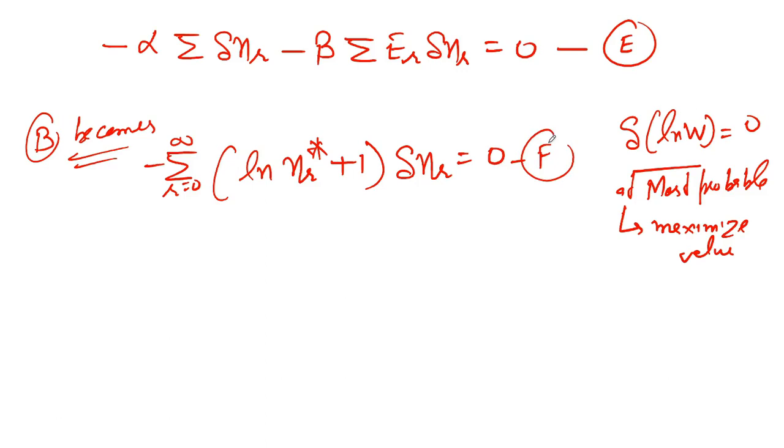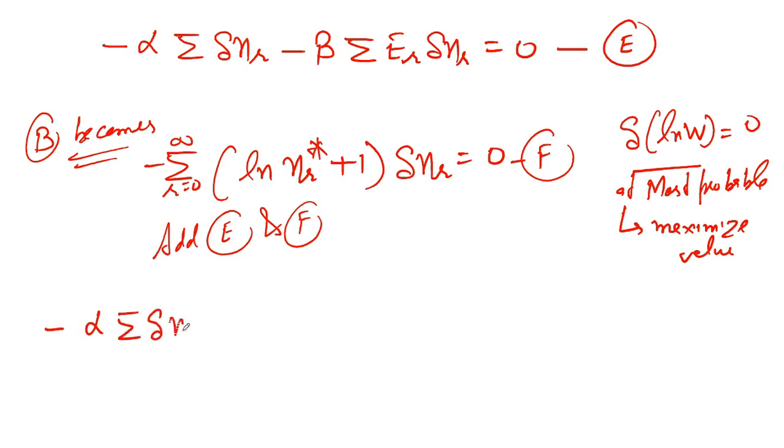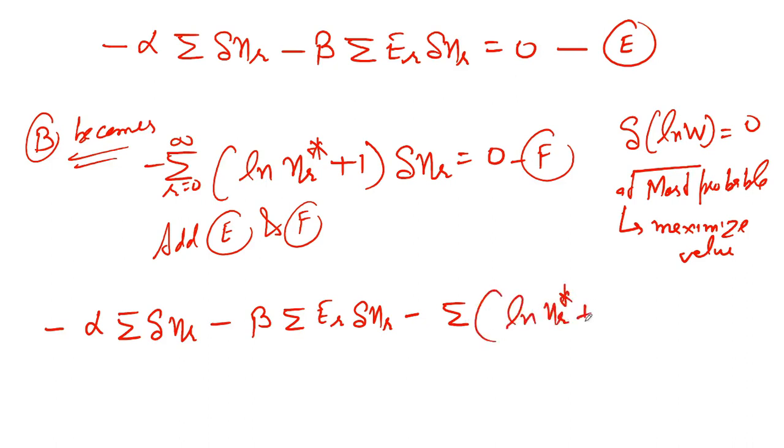So if we add E and F, this equation becomes minus alpha summation of curly nr minus beta summation of er into curly nr minus summation log of nr star plus 1 curly of nr, that is equal to 0.